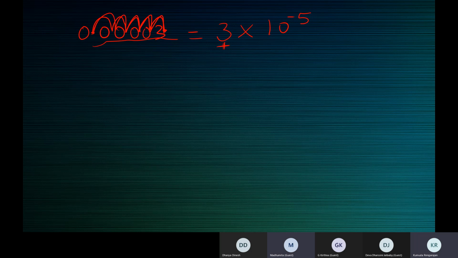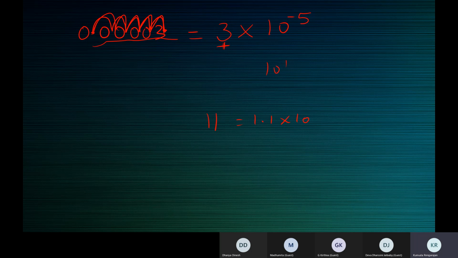Ma'am, why should the first number be lesser than 10? Because here we have 10, right? If it is 10, you can write it as 10 to the power 1. No, ma'am, what if it's 11 or 12? No, if it is 11, you can write it as 1.1 into 10, right? Yes, ma'am.